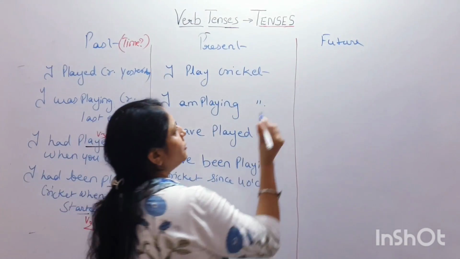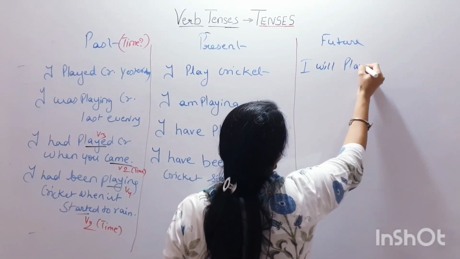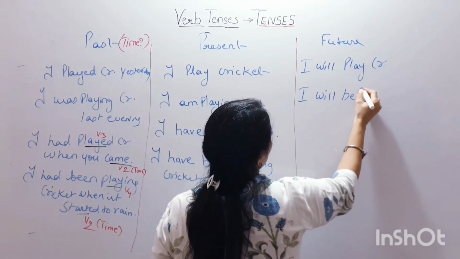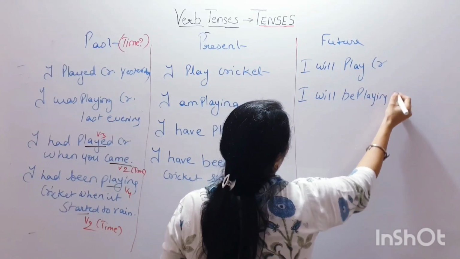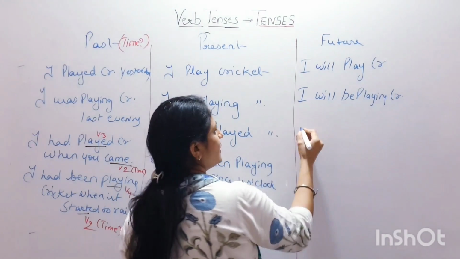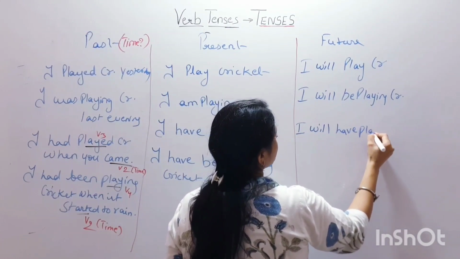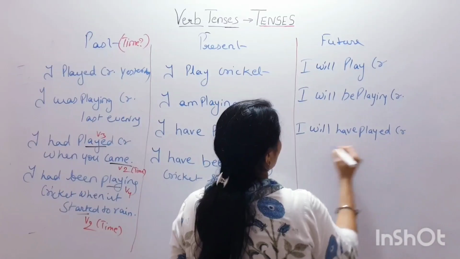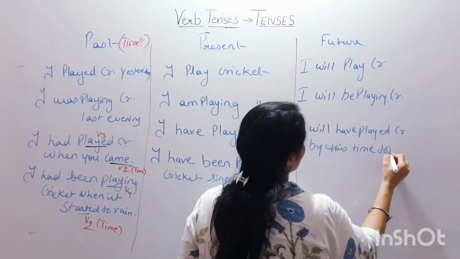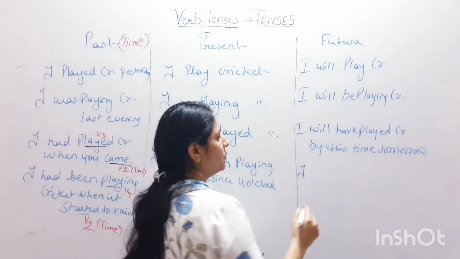Now let's quickly go. I will play cricket. I will be playing cricket. Tomorrow हम लिख भी सकते हैं, नहीं भी लिख सकते हैं. I will have played cricket by this time tomorrow. और कल इस वक्त भी खेल रहा हूँगा.